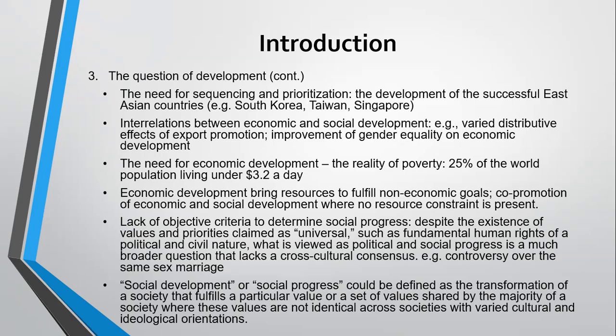When they had achieved a level of economic development and secured economic resources, they were able to use those resources to promote non-economic social agenda, such as the rule of law, and social and environmental development goals.